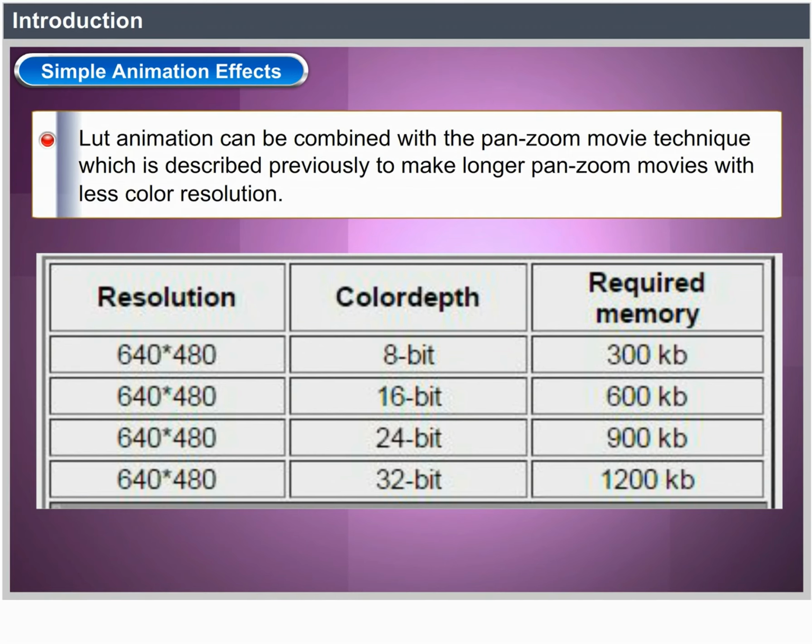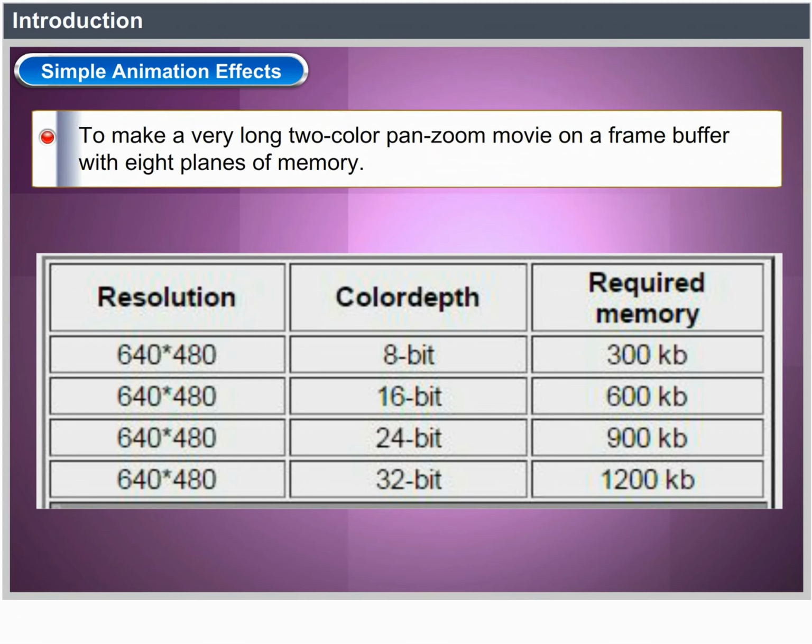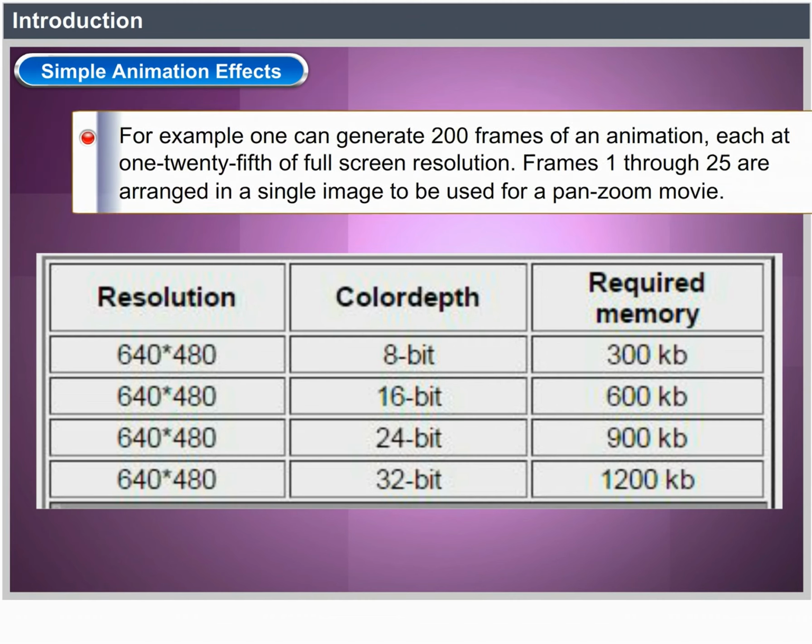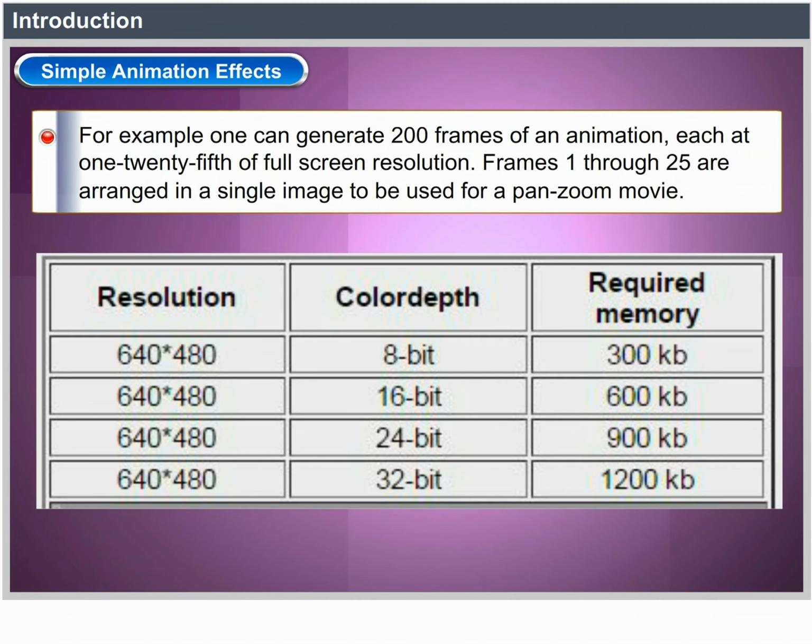LUT animation can be combined with the pan-zoom movie technique described previously to make longer pan-zoom movies with less color resolution. To make a very long 2-color pan-zoom movie on a frame buffer with 8 planes of memory, for example, we can generate 200 frames of an animation, each at 1/25th of full screen resolution.